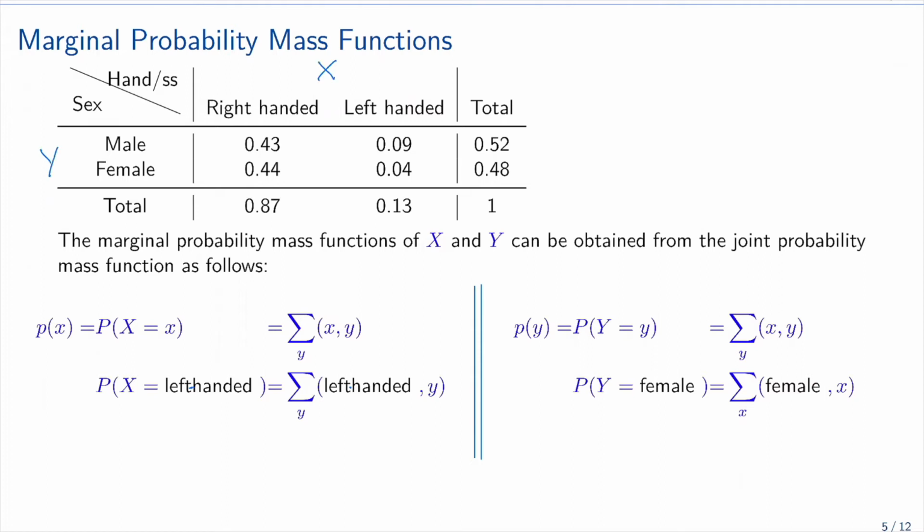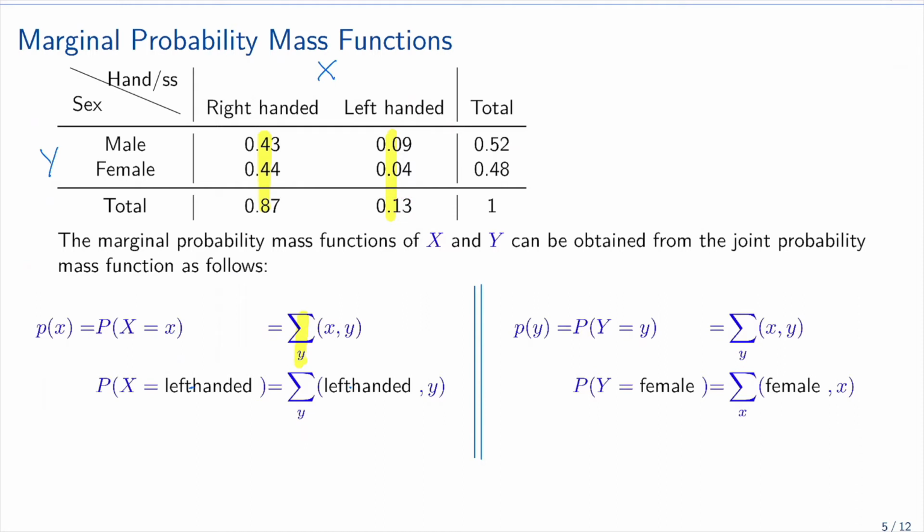Now, the marginal values for x represent the sum over all the y values, so we add in this direction. For example, the probability of being left-handed is the sum over this column, and that will be equal to 0.13.